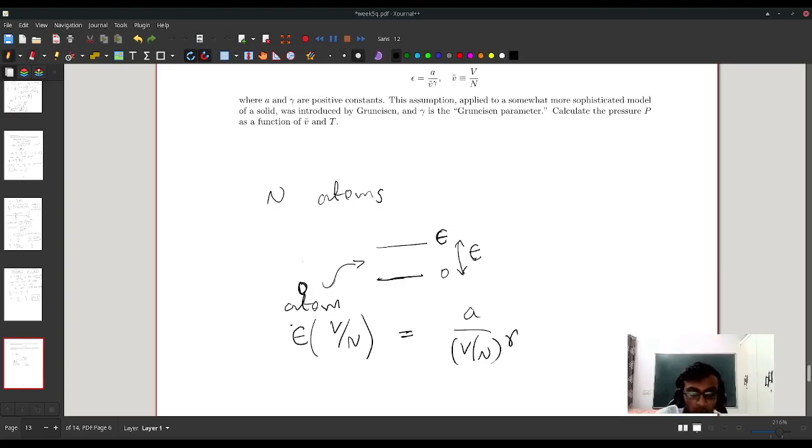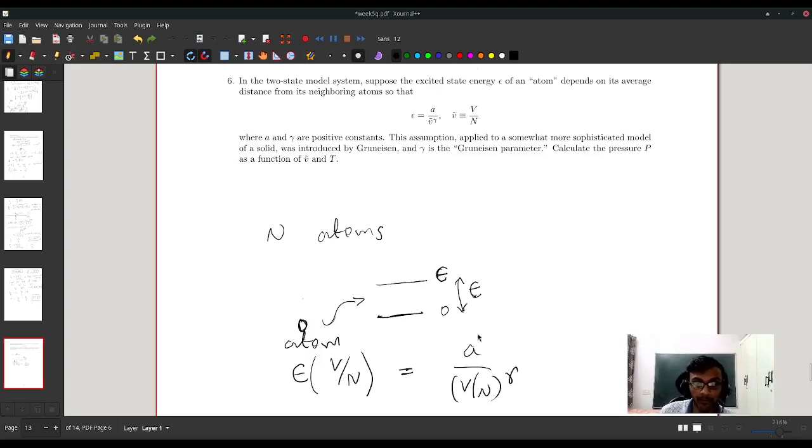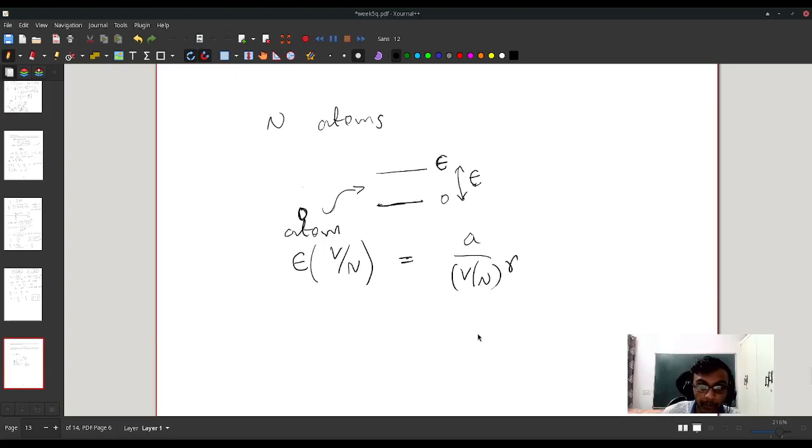So the excitation energy of a particular atom depends on the density of the solid. This is the model, and this can be thought of as a particular limit of the Einstein solid model. If you're interested to know more, this is a low temperature limit of the Einstein model.